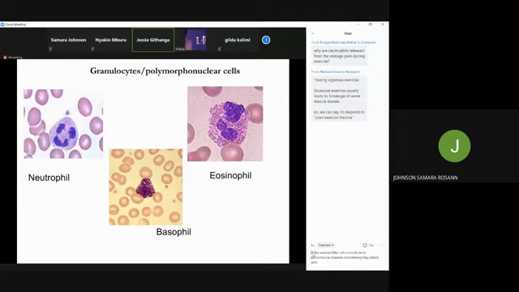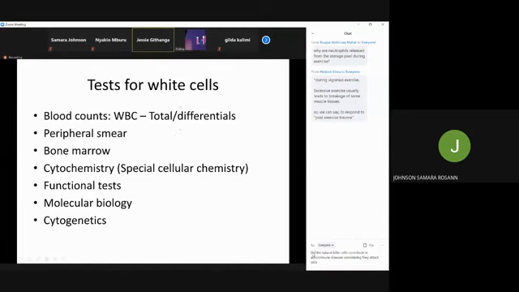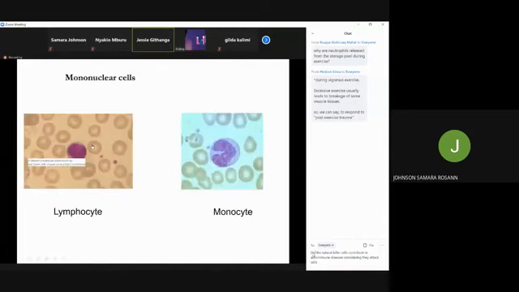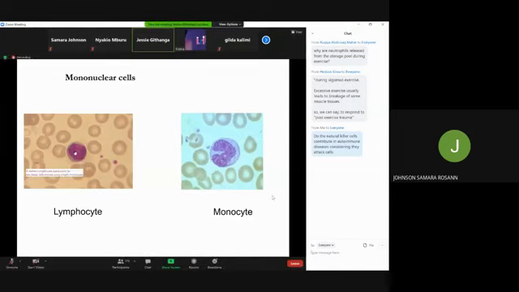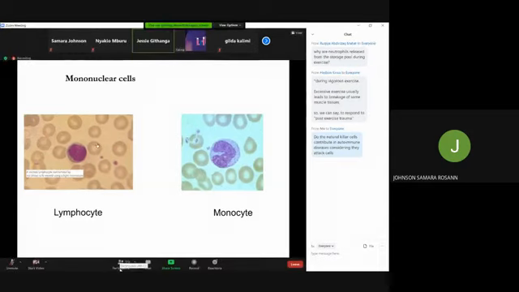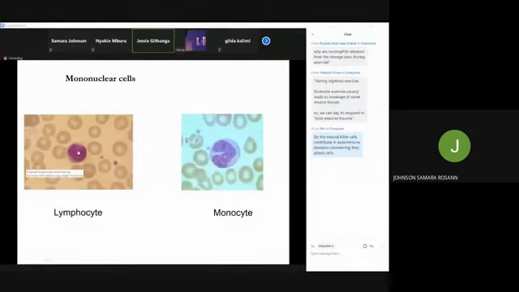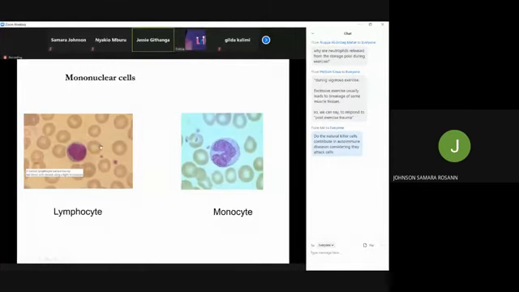Then we have the other cells. We have the lymphocyte, and we know that it's the smallest circulating white cell. You can see that in this case, the nucleus is just slightly larger than the red cell. Sorry for my connection.